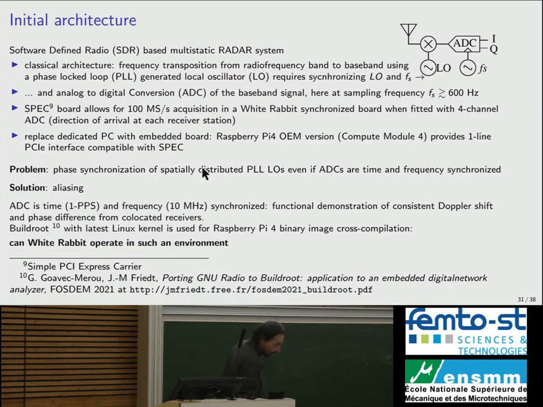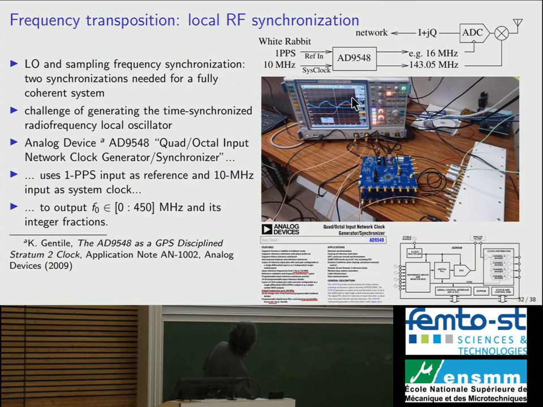So what does it look like to generate the radio frequency signals? If I just go back, the first part is how do you generate this radio frequency signal? And this is the architecture of using the AD9548. The AD9548 takes two inputs: a system clock and the reference input. And the way I found to use this AD9548 to generate anything between 0 and 450 megahertz, found in one of the early application notes from Analog Devices, is that you feed your radio frequency clock as the system clock, and you feed the 1 PPS as the ref in.